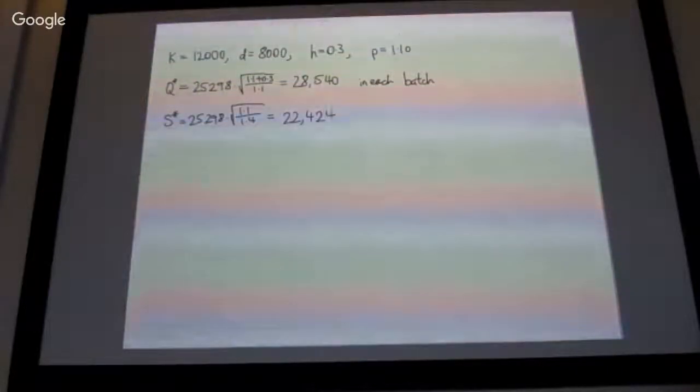20,444. Yep. So the maximum shortage is about 6,116. 15.